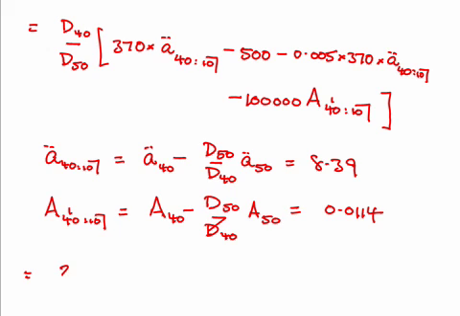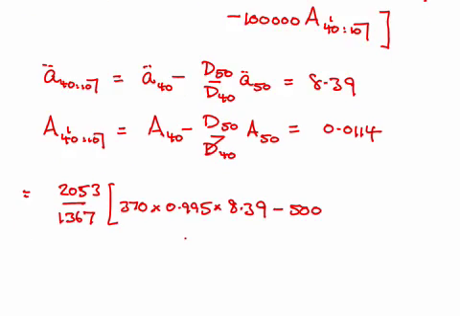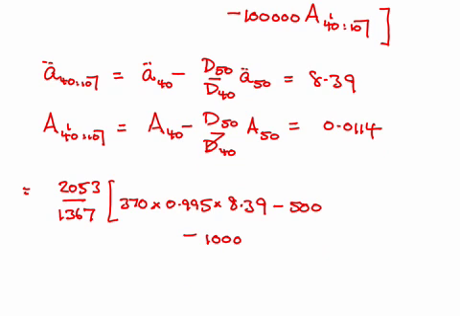We look these up, we see that's 2053 over 1367, multiplied by 370 multiplied by 0.995, and here I've taken account of the annual expenses as well, multiplied by our annuity, which we calculated to be 8.39, less the £500 initial expense, less the 100,000 multiplied by the term assurance. And when we bring all this together, this comes out to be 2175.